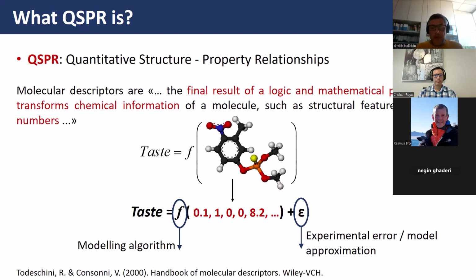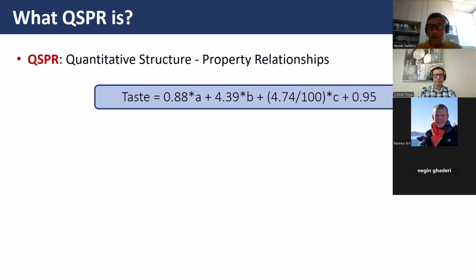So then we have a multivariate modeling, because we describe the chemical structure with, let's say, a vector of numbers. And if we collect many molecules, we can get a data set. Then by means of machine learning and chemometrics, we can establish a relationship.